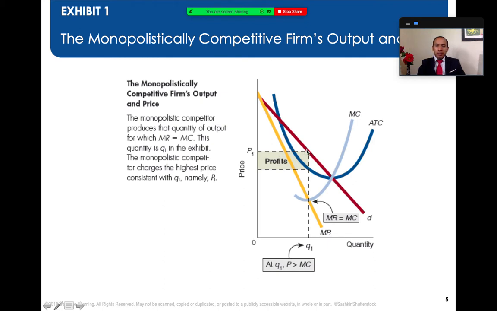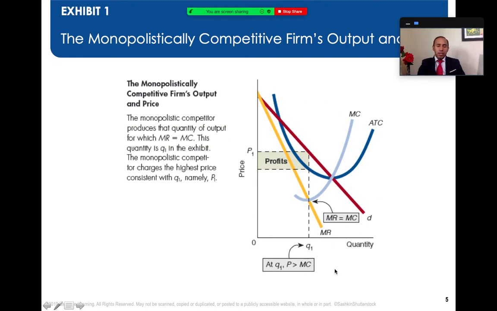If the price is greater than the average total cost, which is the blue curve, for the quantity of output, the price in the market minus the average cost per unit will yield the profit per unit, or the total profit for the profit maximizing quantity.